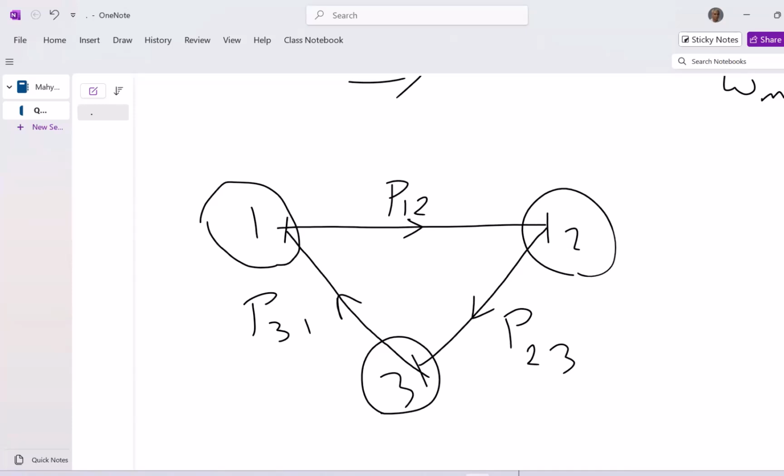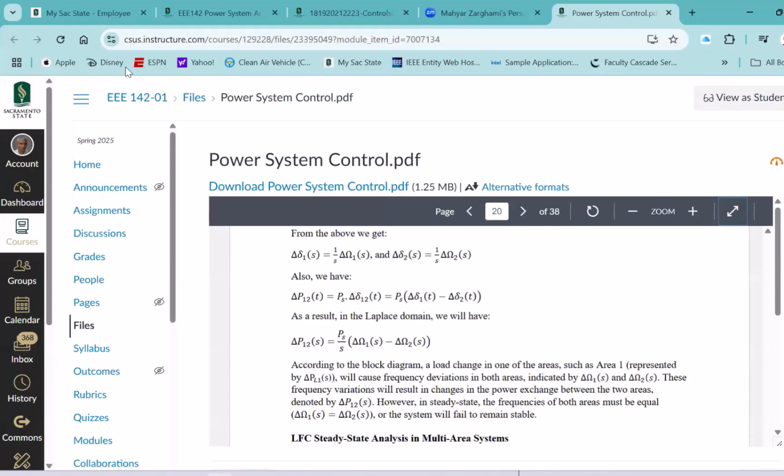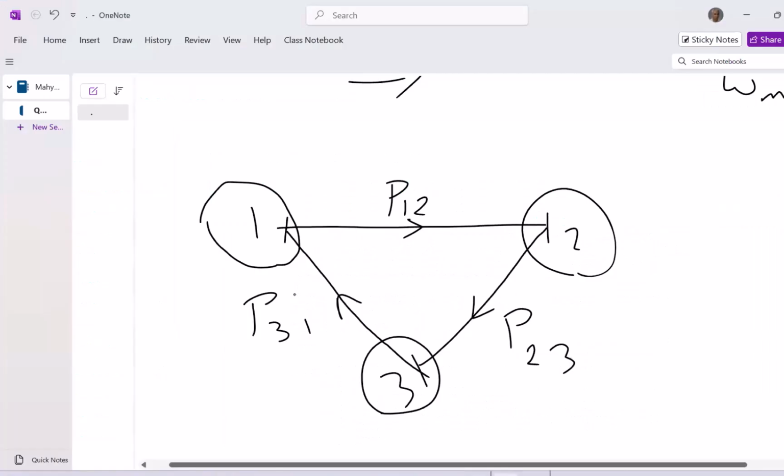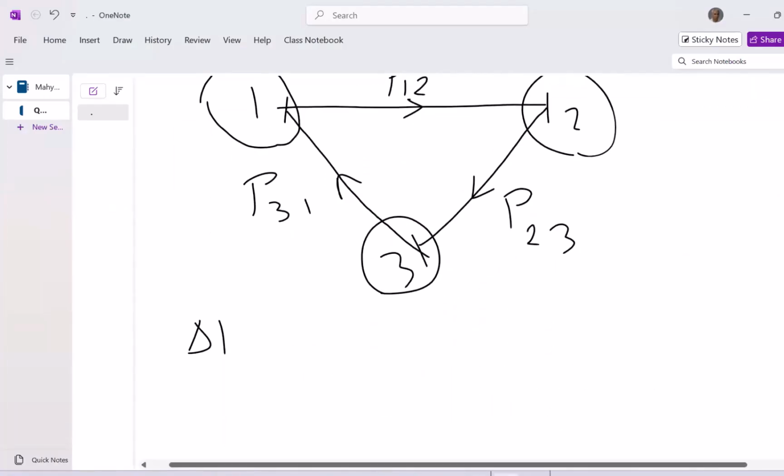Now, when you're talking about delta PL_i, instead of i let's put 1, for example.